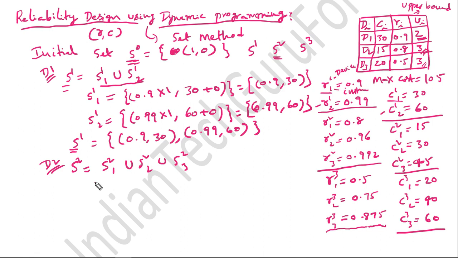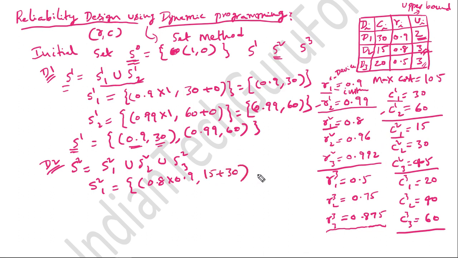So let us start. S power 2 suffix 1: consider R power 2 suffix 1 and C power 2 suffix 1. So multiply with the reliability of S power 1 and add the cost to the cost of S power 1. Okay. So what is the reliability? 0.8. 0.8 into 0.9 comma cost is 15, 15 plus 30.